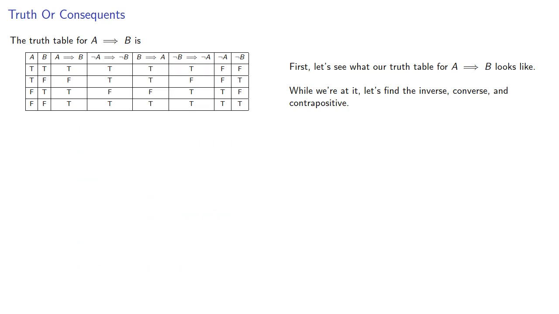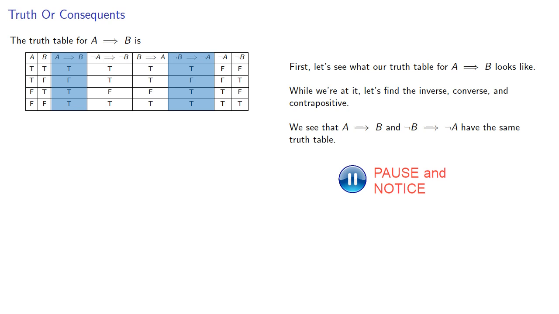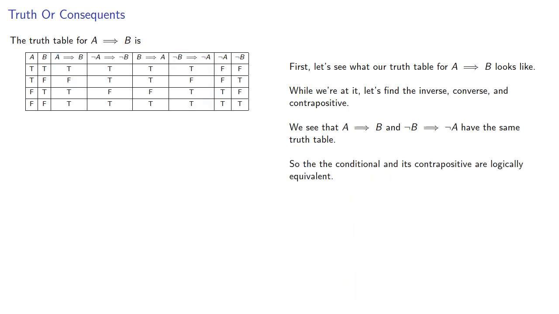And so from this, we see that the conditional and its contrapositive have the same truth value. And so the conditional and the contrapositive are logically equivalent. And so we can say if A then B is equivalent to if not B, then not A.